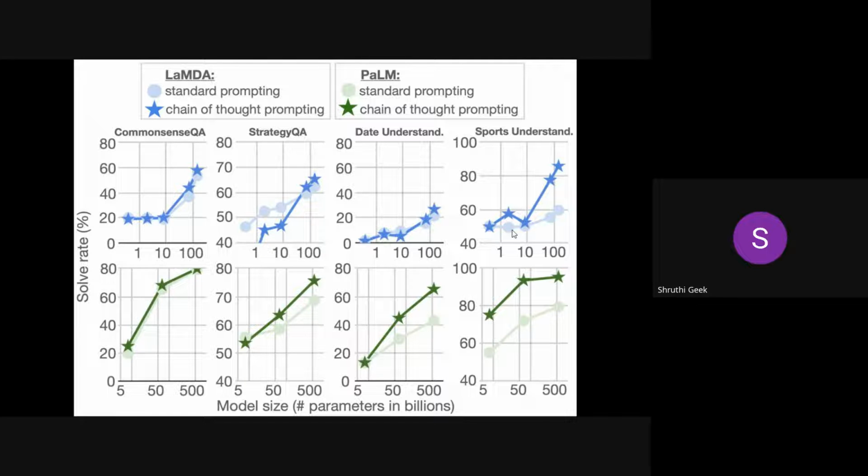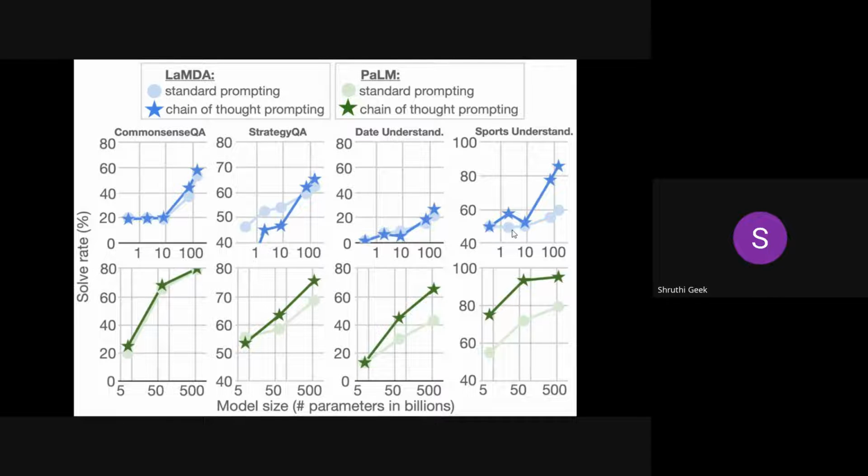Here these LLM models performed almost on par, because the questions were very straightforward. They did not involve any reasoning steps within. So the performance was almost the same as standard prompting. Whereas with strategy QA, this paper, to be honest, as I go down, I will introduce two other papers which have drastically increased this solution rate to a higher value.